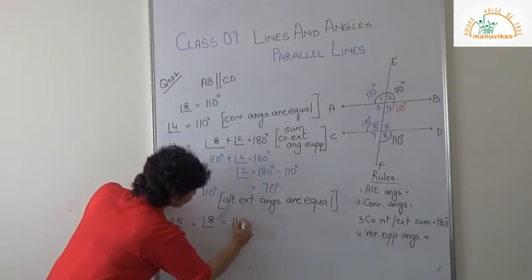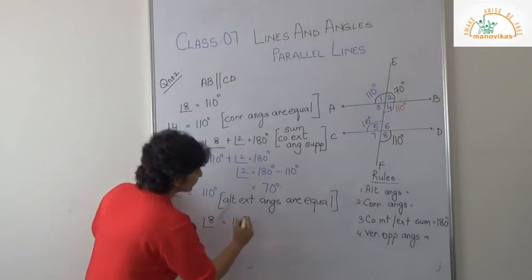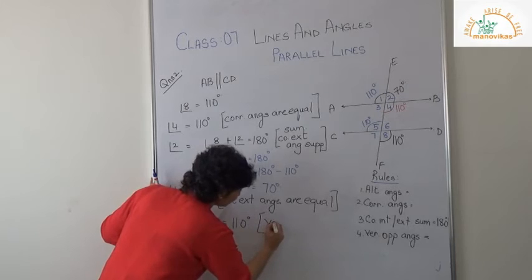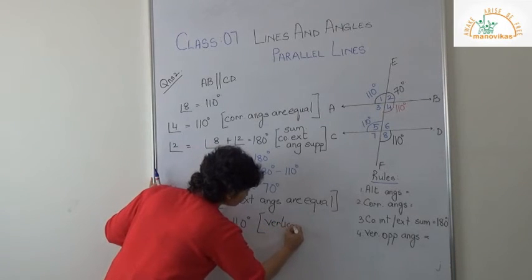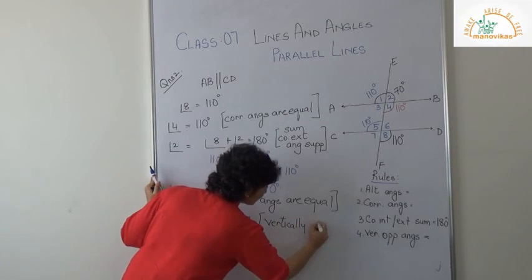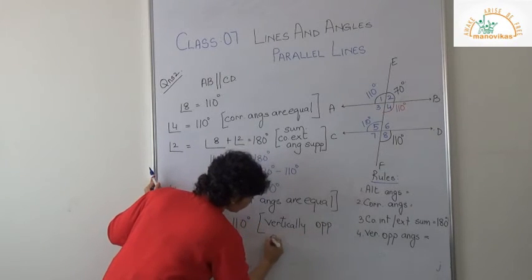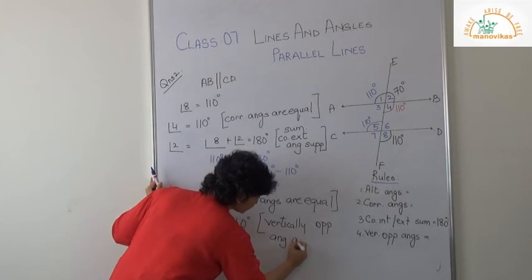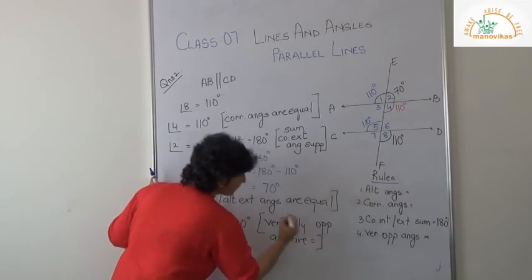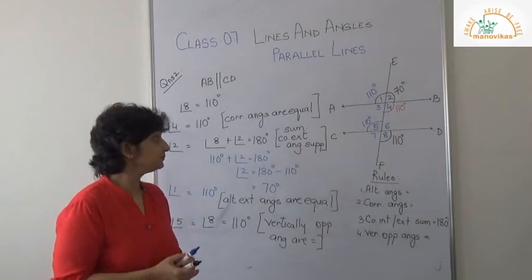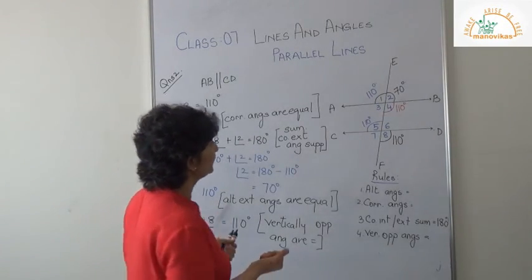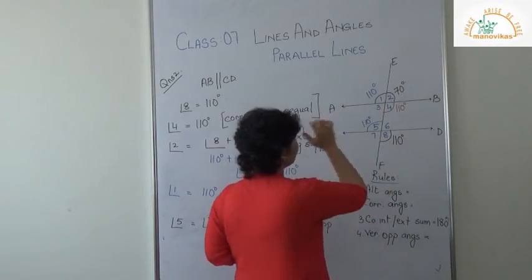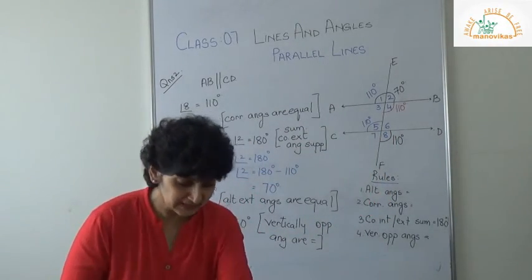That is 110 degrees. Correct? And in the bracket my reason will be vertically opposite angles are equal. Correct? Alright. Now what am I left with? 6 and 7.